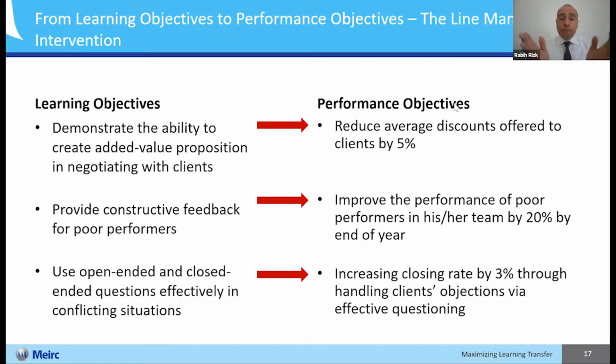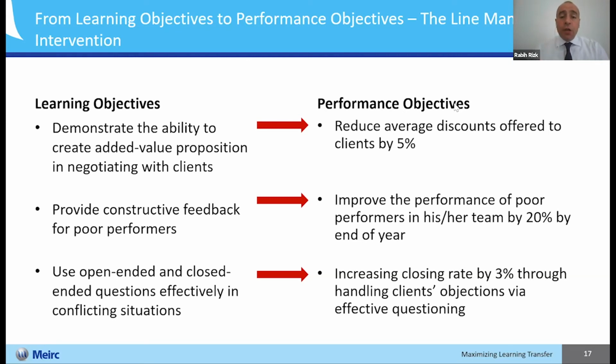So when the employee has visibility on what kind of outcomes he is expected to bring back from the training, even his questions during the training session will be more relevant to the workplace, more practical to what he or she does in the day-to-day operation.